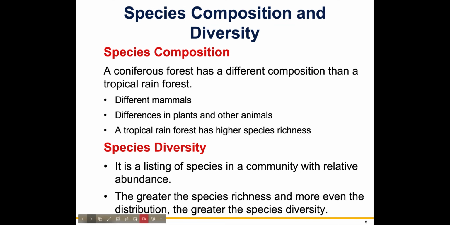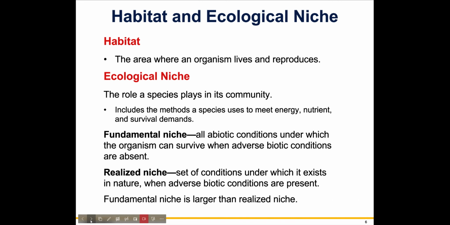And then, of course, species diversity is all of those species and their abundance as well. And we're going to see there is a greater species richness, a greater species diversity, and a more even distribution within our tropical rainforest compared to that coniferous forest.